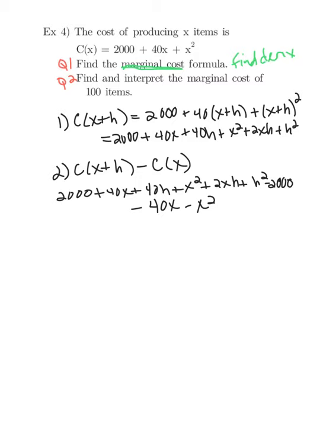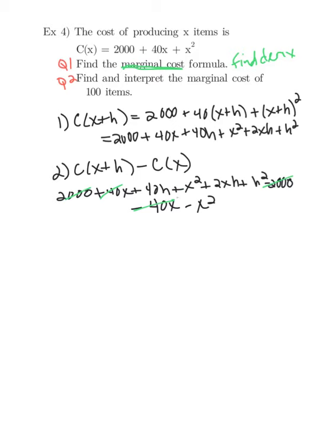Think back to what we said on our last example. Anything that does not have an h in it must cancel. My first term is 2,000. Do I have an opposite to cancel? Yes, I do. My next term is 40x. Do I have an opposite to cancel? Yes, I do. The next term is a 40h, and it does not have an opposite that cancels with it. The next item is positive x squared.